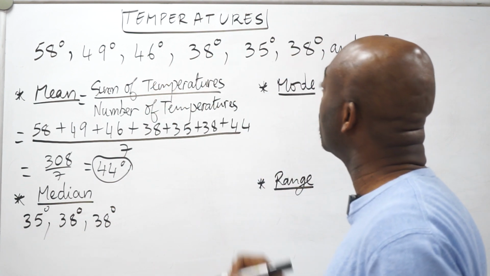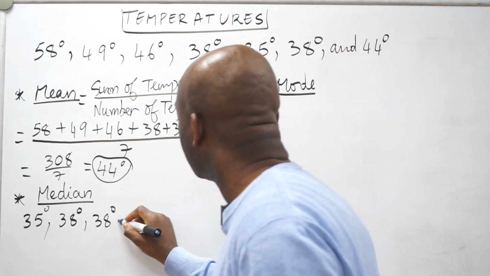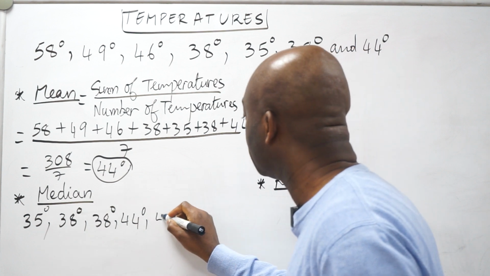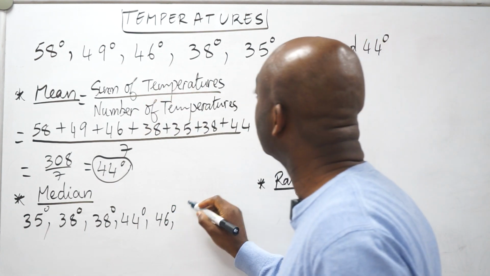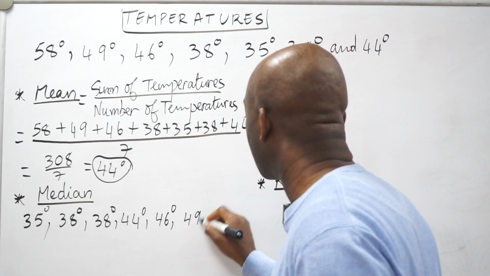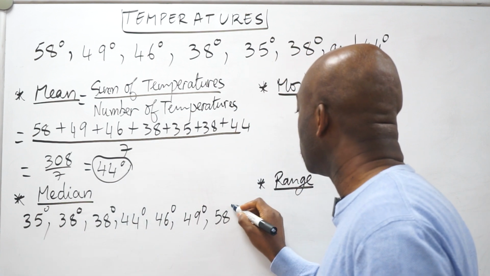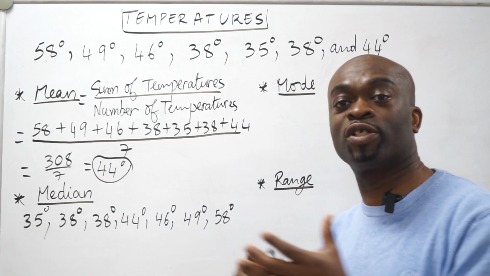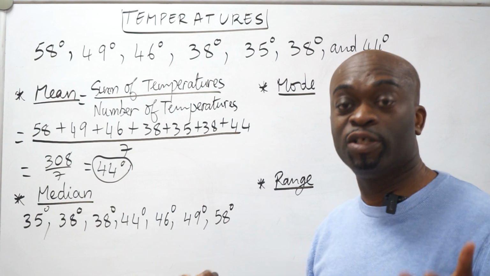What else do we have? 44, then 46, then 48, 49 sorry, and then 58. So this is what we have in order. In this case we went from the lowest to the largest, but somebody else can do it from the largest to the lowest. It's still going to be the same.